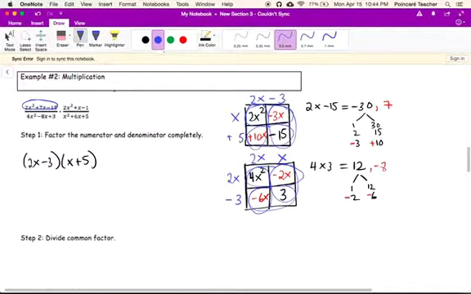Okay, so the denominator factors into, ooh, this is weird. This should be positive 1. So I have 2x minus 3 times 2x plus 1. So that's this denominator. And now, I should have color coded this better, but this is the red one.